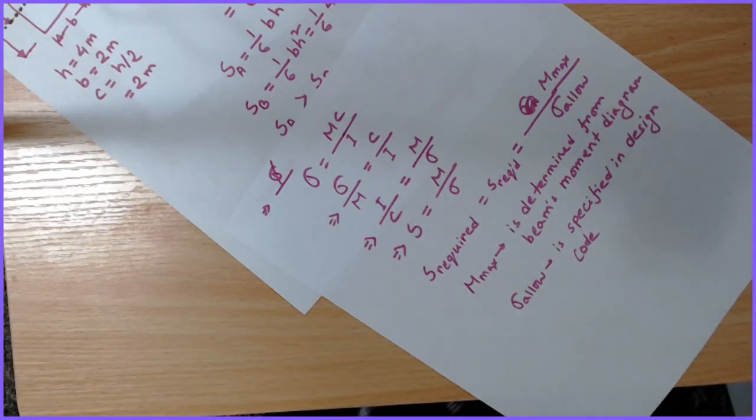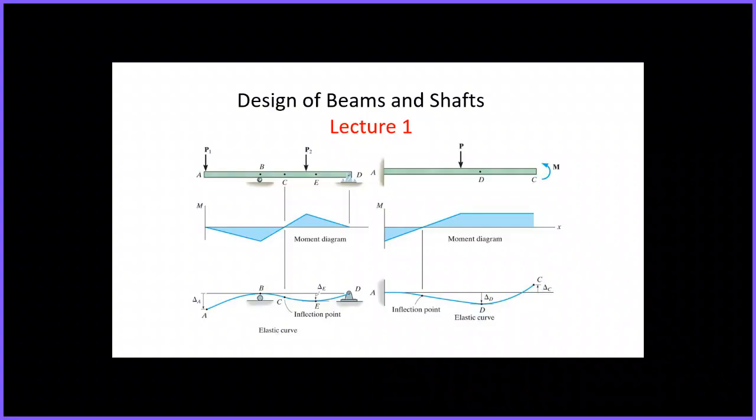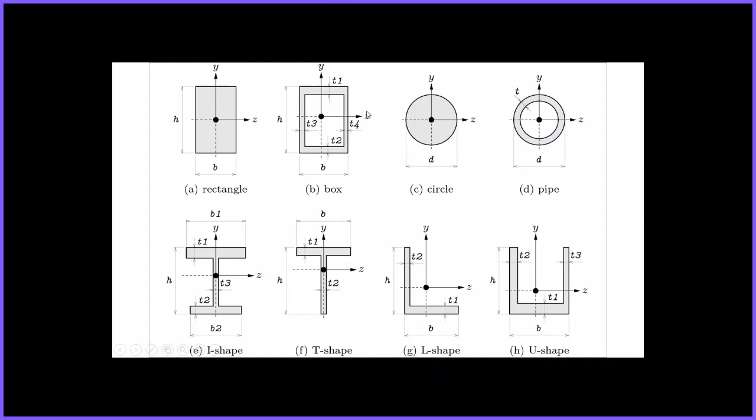Now, as I said, there are a lot of beam sections, for example. This is one rectangular, this is box, circular cross section, pipe or tube, and I shape. The I shape is the most common and mostly used cross section.